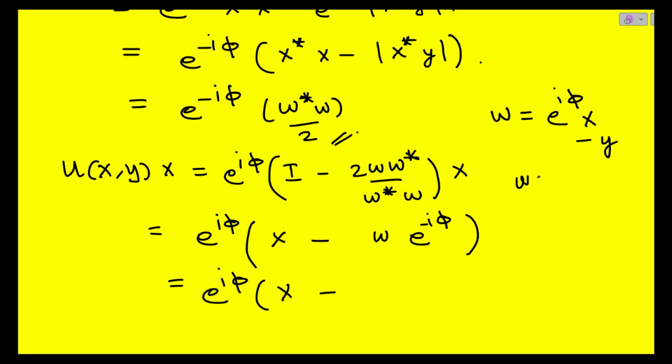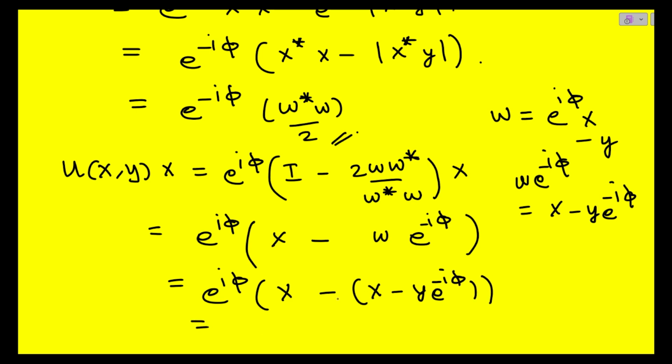Then w times e to the power minus i phi is going to be nothing but x minus y e to the power minus i phi. So putting this here, this is nothing but x minus y e to the power minus i phi, and you can cancel your x, so you have e to the power i phi and y e to the power minus i phi, right? And you can see that these two get cancelled, and what you're left with is y. That's the end, right?